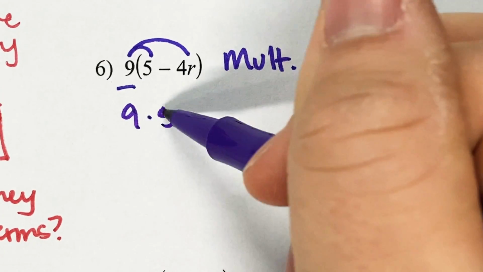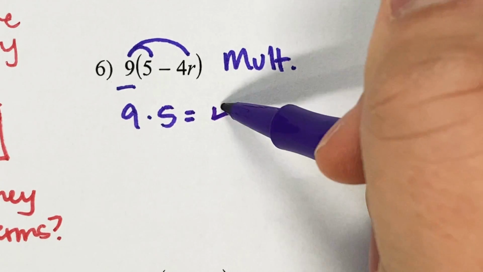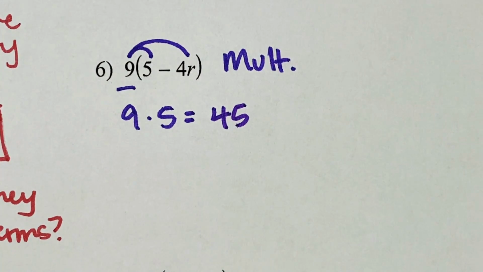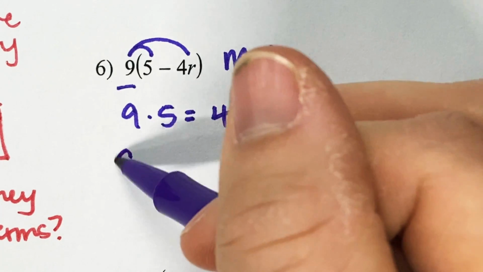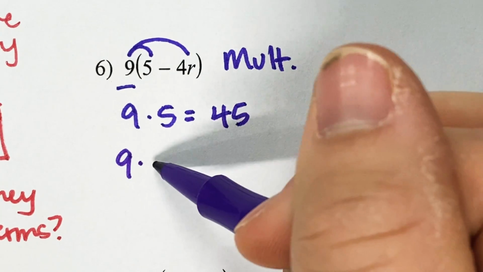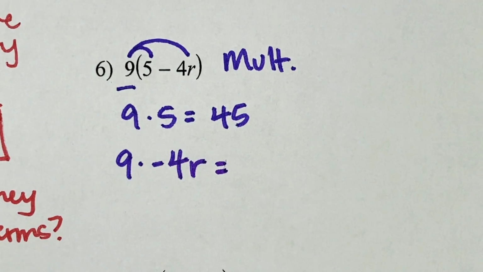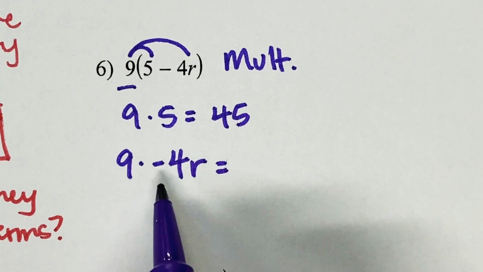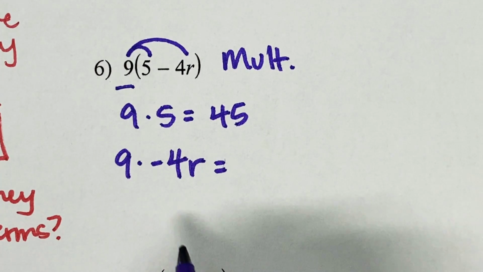First let's take our 9 times 5. What is that going to give me? 45. Beautiful. And then we have our 9 times negative 4r. You must include that sign. It's a negative 4r. So I have 9 times negative 4. What is that going to give me?